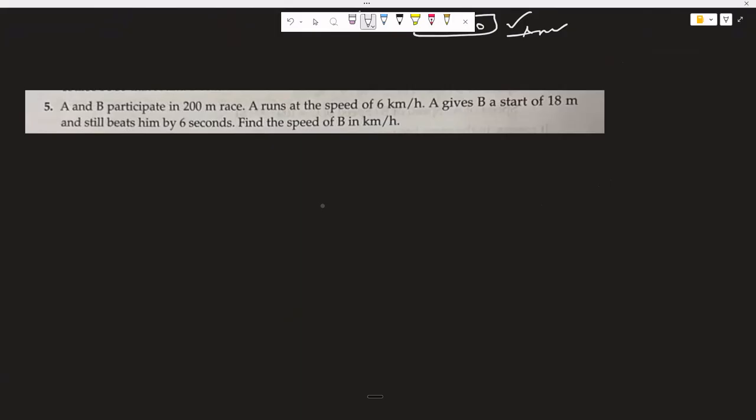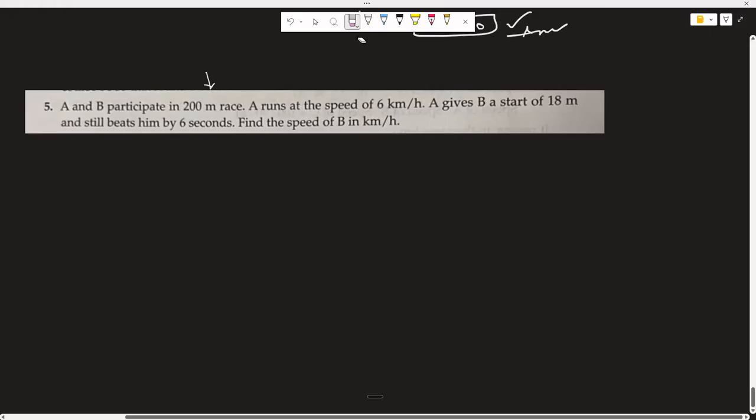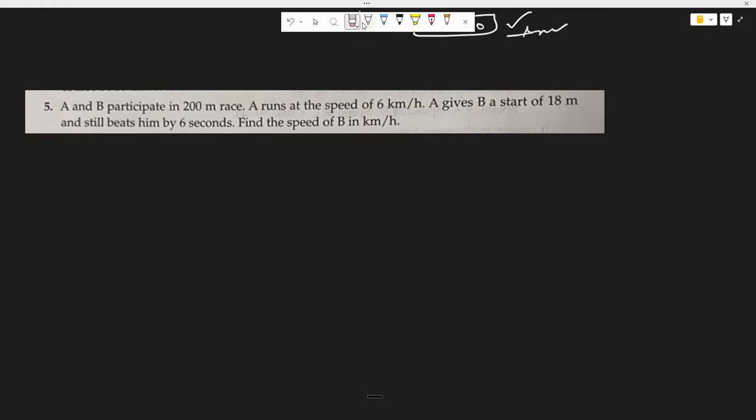It's a direct problem, the speed is mentioned. So with 200 meters to cover, you will be able to know how much time it takes. A gives B a start of 18 meters and still beats him by 6 seconds. Find the speed of B.